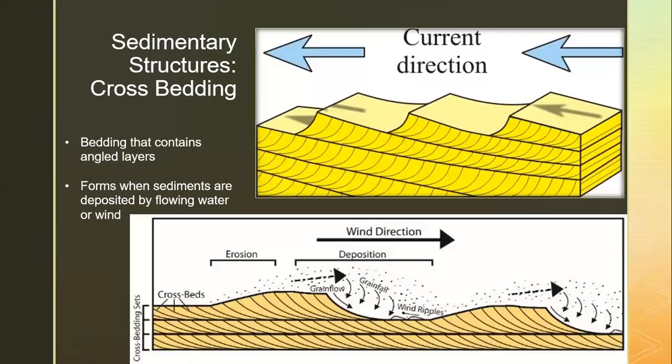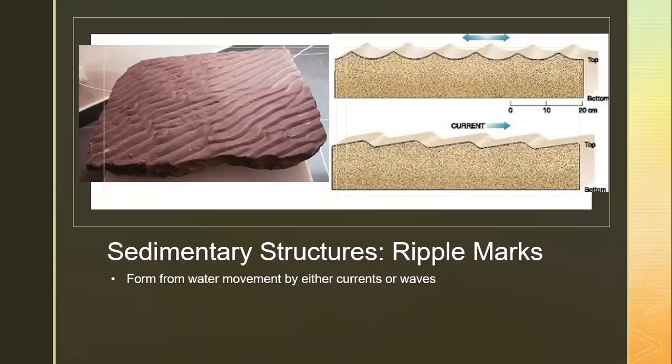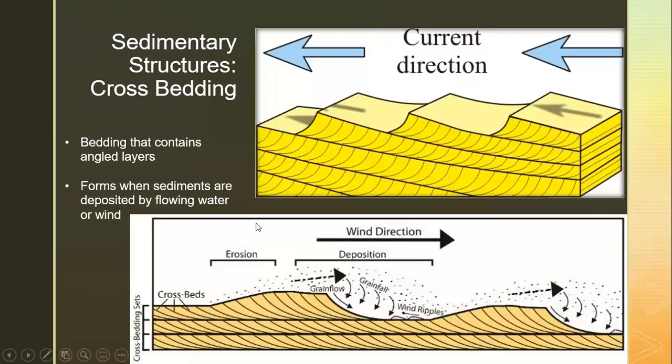All right, so this last concept is something called cross-bedding. Now this one's a little bit more complex than, say, ripple marks. And so what cross-bedding is, it's bedding with angles.